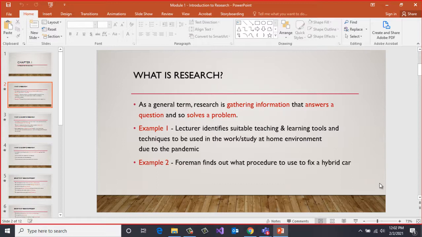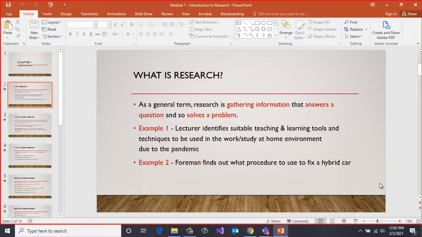So basically, research is when there is a problem to be solved. That's why the context of who you are, the doer, and the things that need to be done will determine whether a particular thing is research or not.